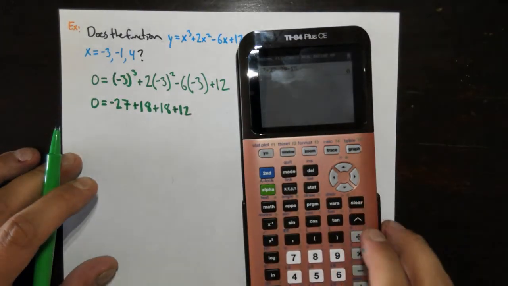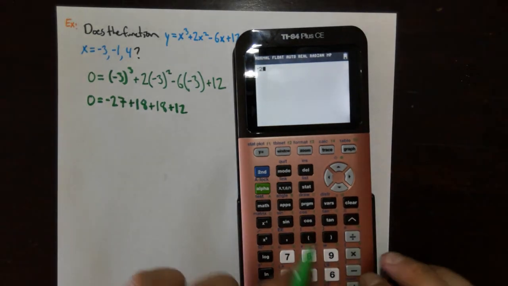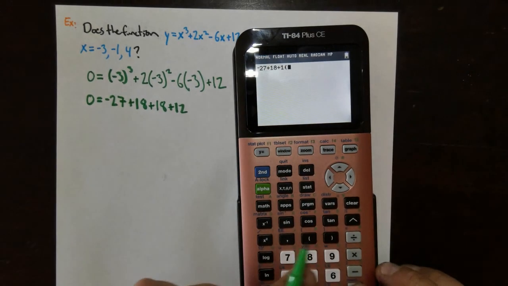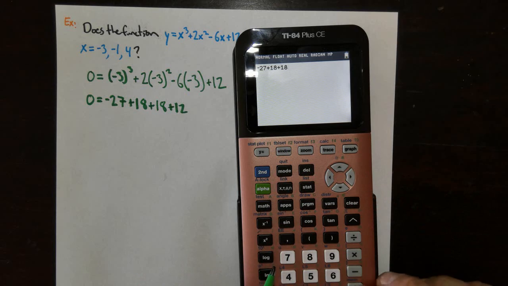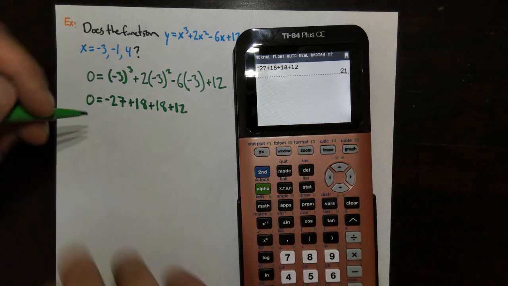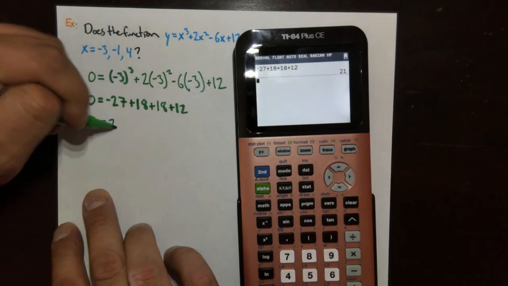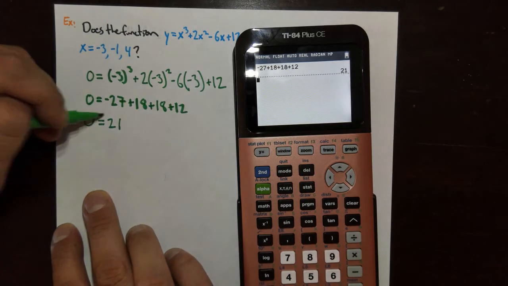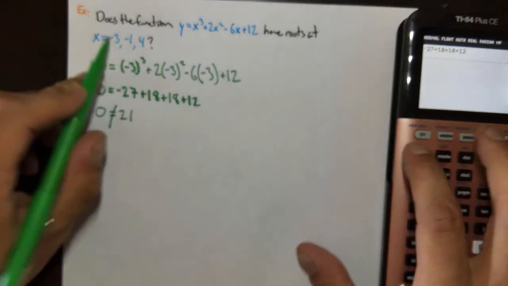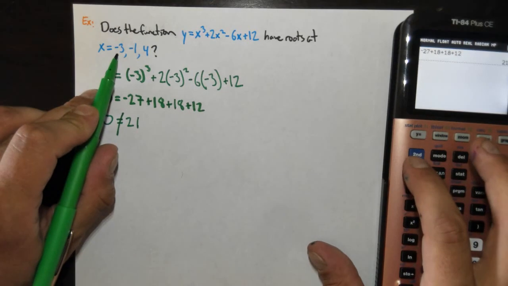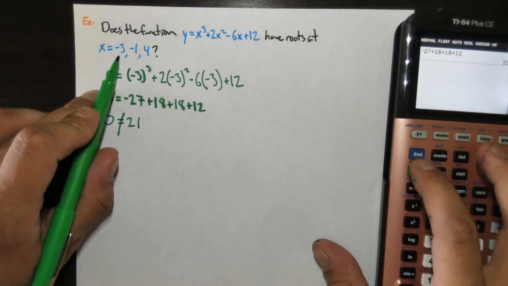And let's see what this gives us. Negative 27 plus 18 plus 18 plus 12 is 21. So does 0 equal 21? In this case, no, it does not. So negative 3 is not a root.